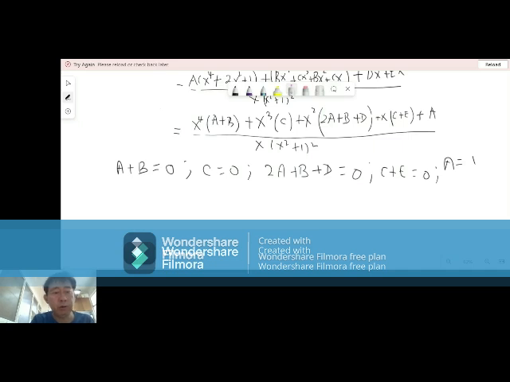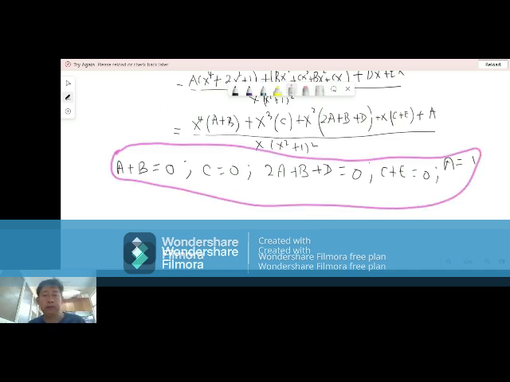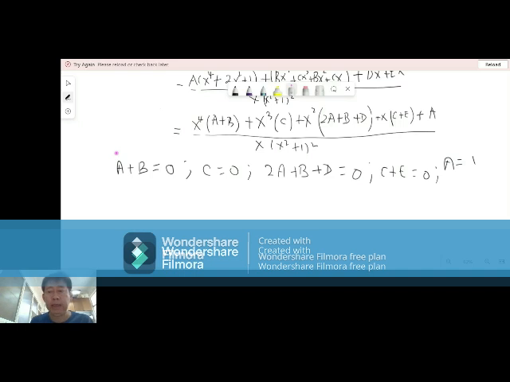So up to this point, we have constructed the simultaneous equations for A, B, C, D, and E. There are 5 simultaneous equations here and also 5 coefficients. We solve: A equals 1, C equals 0. B can be easily solved to be minus A, and it is minus 1. From this term, E is equal to minus C, which is 0.